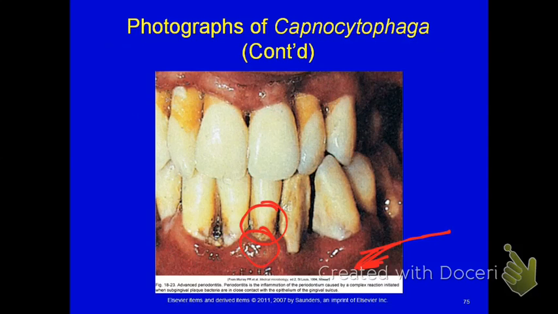Capnocytophaga is not the only one that can cause periodontitis. Eikenella could cause it. Actinobacillus actinomycetemcomitans could also cause periodontitis, which is much more severe than dental caries.